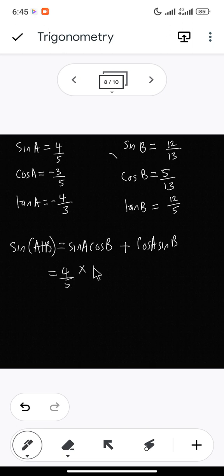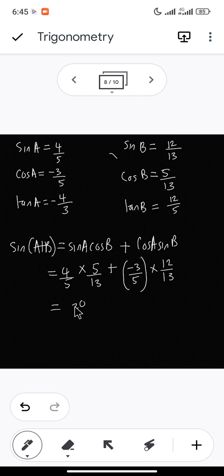Cos B remains the same, 5 over 13. Now cos A is going to be negative 3 over 5. Sine B is going to be 12 over 13.